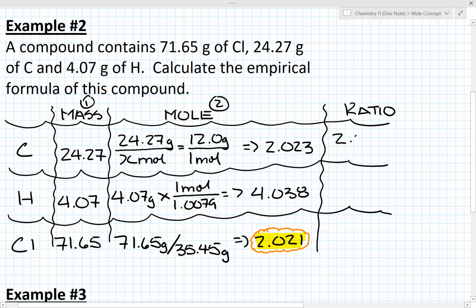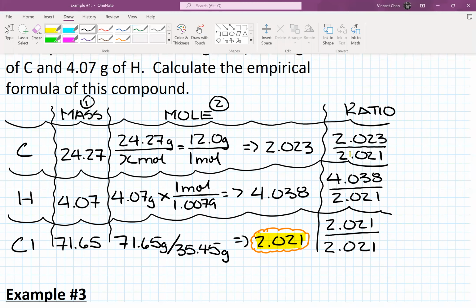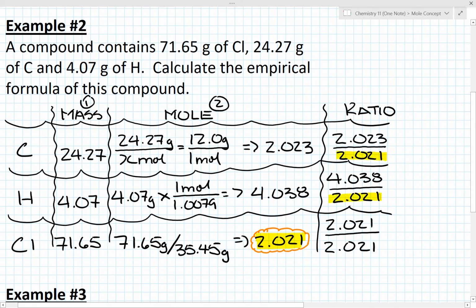So 2.023 divided by 2.021, 4.038 divided by 2.021, and 2.021 divided by 2.021. I'll highlight these in yellow, 1, 2, and 3.